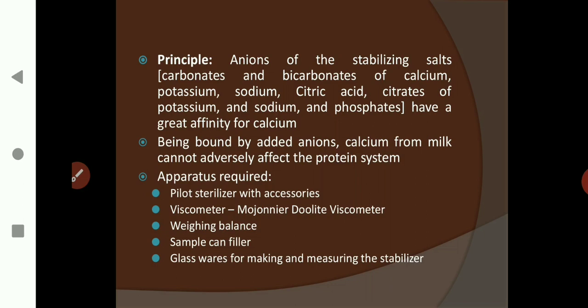Okay, so these stabilizing salts, like carbonates or bicarbonates or citrates or phosphates, will combine with or hold the calcium, and being bound by these anions, calcium from milk cannot adversely affect the protein system. Okay.